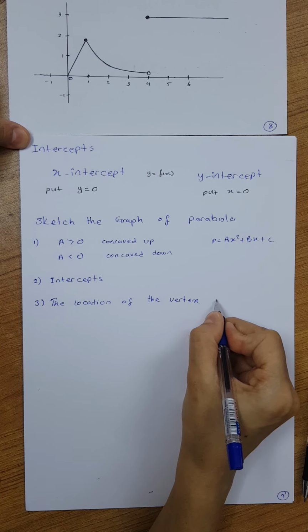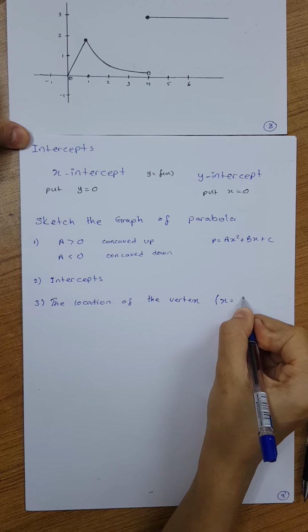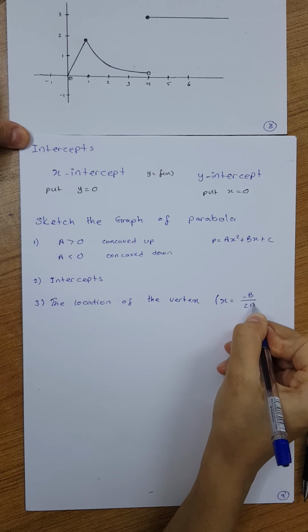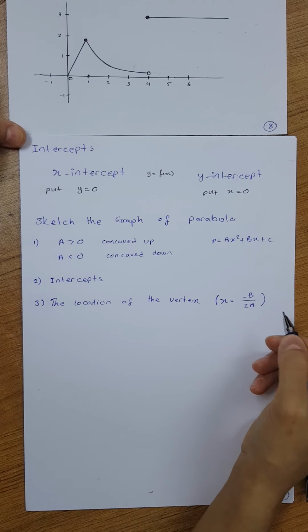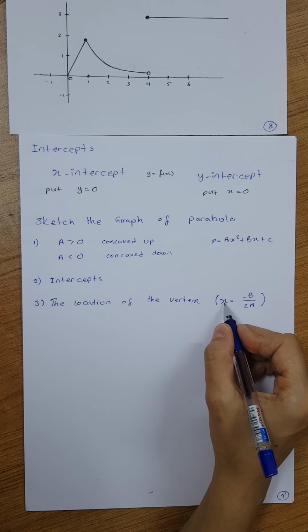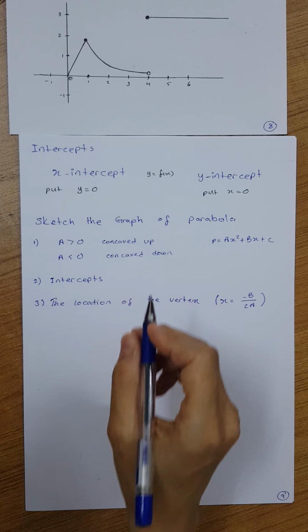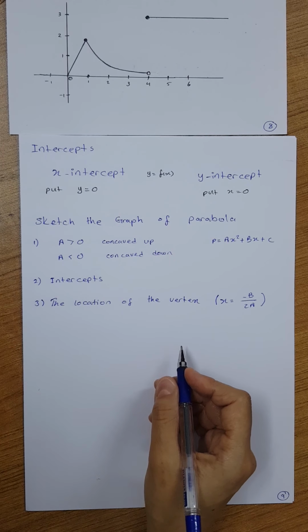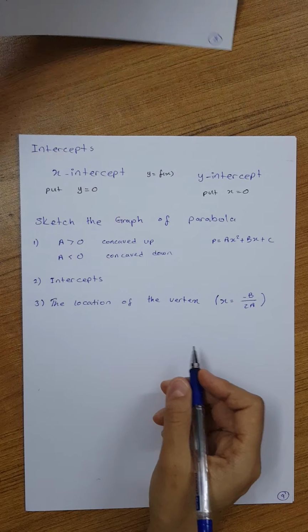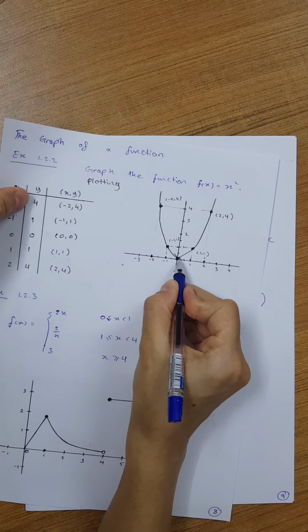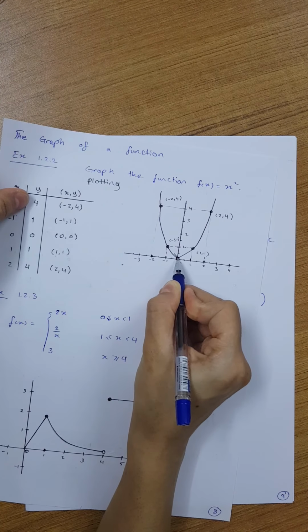How do we find it? x is equal to negative b over 2a. I know the b, I know the a. I have to put those numbers into here. I will get the value of x. When I get the value of x, I'll input it into the function that we have got. We will get the value of y, and hence the vertex of the parabola. What is the vertex? The vertex is that point. That point is called the vertex of the parabola.